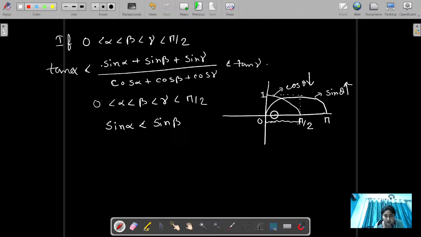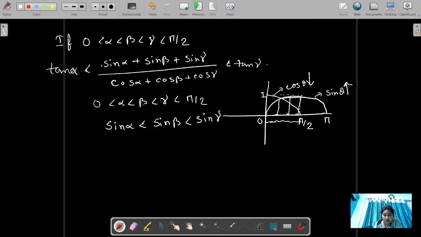Suppose this is point alpha and this is point beta. The graph is increasing, so sine alpha is less than sine beta, less than sine gamma.